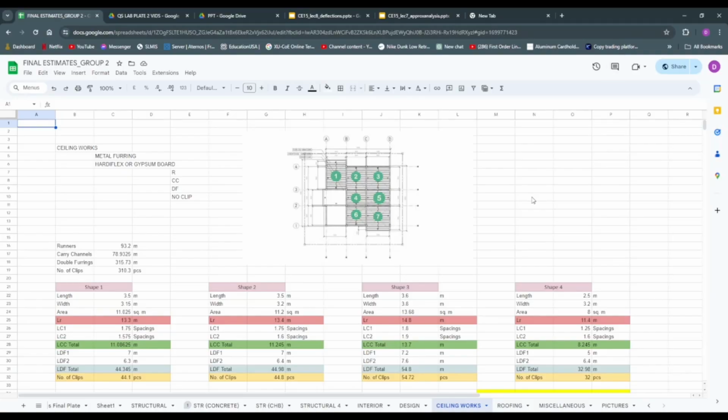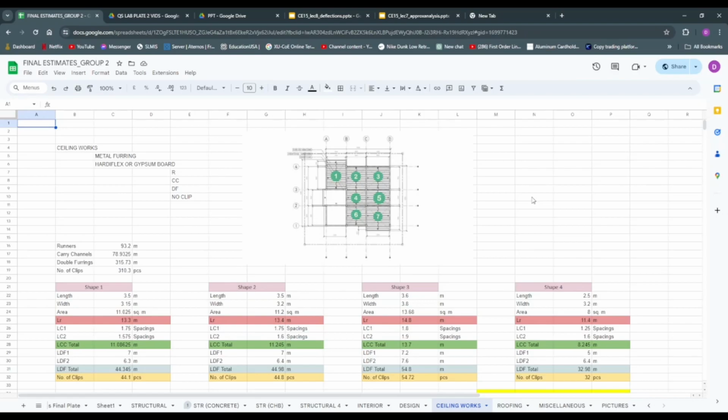Good day, sir. I am Daniel Justin Padilla, and today I am going to explain the ceiling works. The way I solve the ceiling works is just like what you explained during classes.